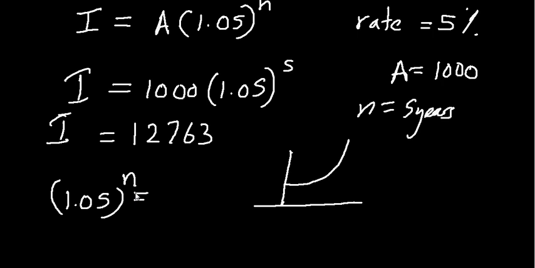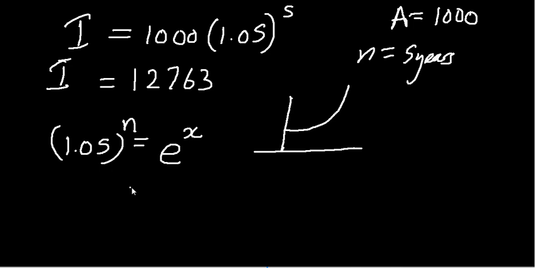So let's say I'll make this equal to e to the power of x. Then if I did ln both sides, I get x is equal to ln 1.05, and that n comes forward. Therefore x is equal to n ln 1.05.